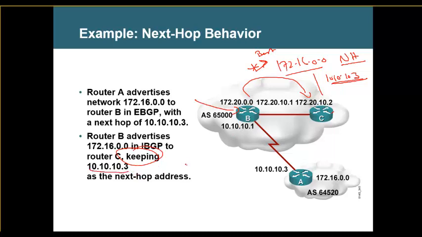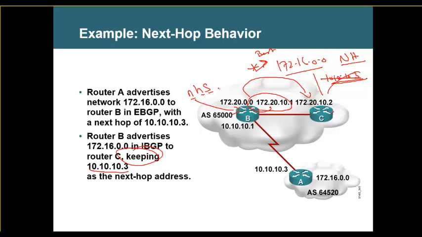Just change it and put your own address, instead of sending 10.10.10.3, which C doesn't know. So better you put your own address. You need to tell BGP that you are the next hop self.